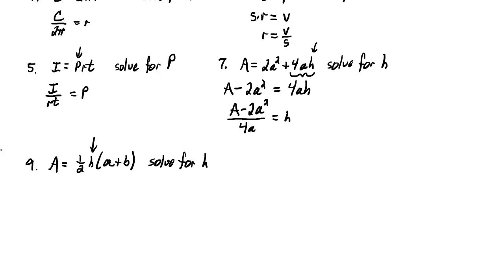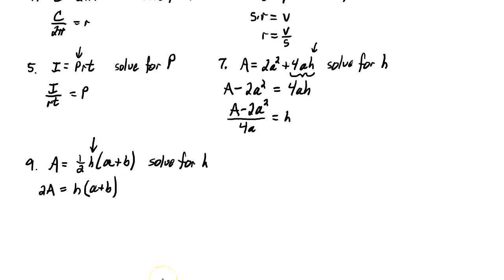Think back to chapter 3. How do you remove a fraction that's multiplied in front of the variable? You multiply both sides by the reciprocal of that fraction. The reciprocal of 1/2 is 2. So the first thing we do is we multiply both sides by 2. It's going to make 2 times the capital A. And on the right-hand side of the equals, we get h times the a plus b.